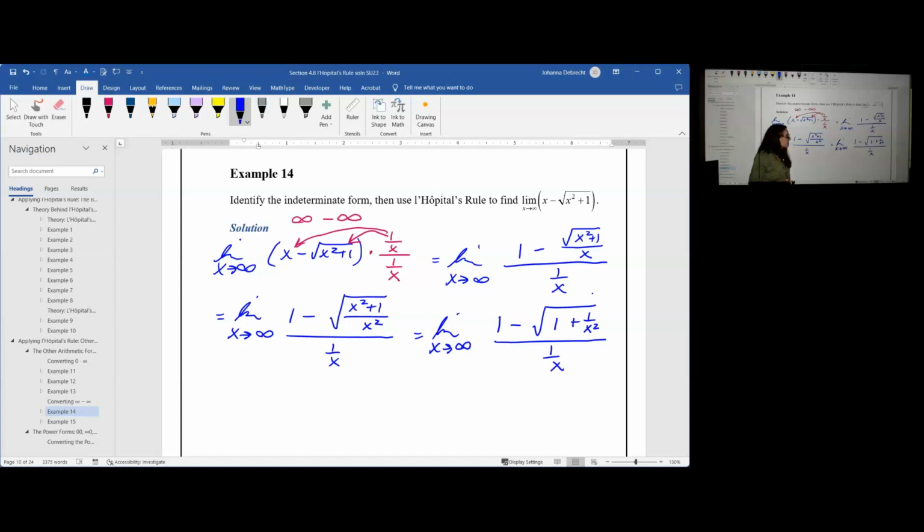When x approaches infinity, under the radical, I get 1 plus 1 over infinity squared, which is 1 plus 0. So I get the square root of 1, which is 1. 1 minus 1 is 0. And I know the denominator is going to 0. So I have the basic indeterminate form, 0 over 0. Now it's time to apply L'Hopital's rule.